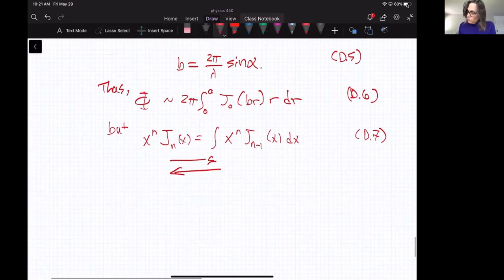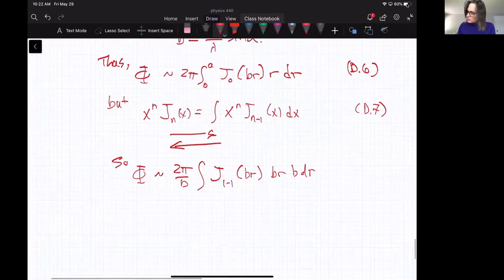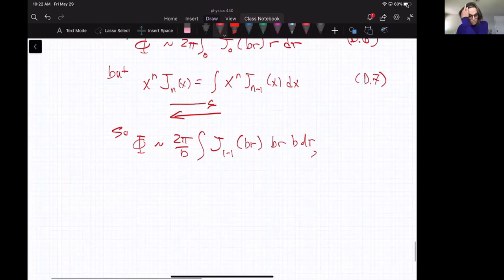So given that, we can write that the amplitude of the diffracted wave is 2 pi over b times the integral of J naught of b r, b r, b dr as we do our substitutions, or I did this right, 2 pi over b squared times a b J1 of a b.